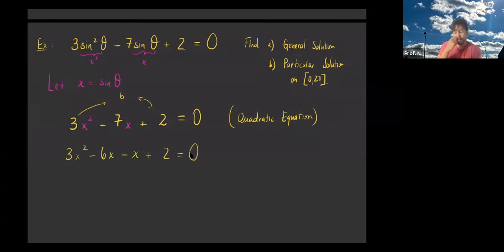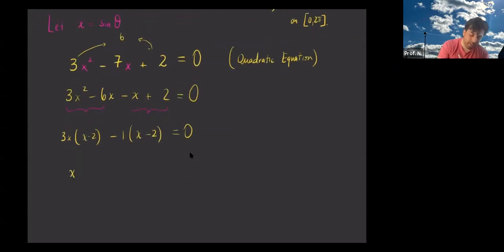At this step, I can factor by grouping, and I get 3x times x minus 2 minus 1 times x minus 2 equals 0. Then I can factor out the x minus 2, times 3x minus 1, equals 0.